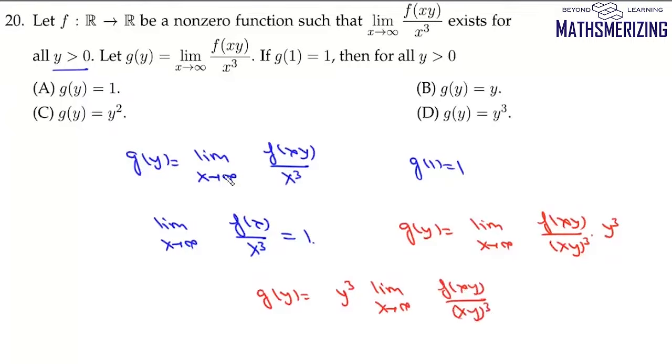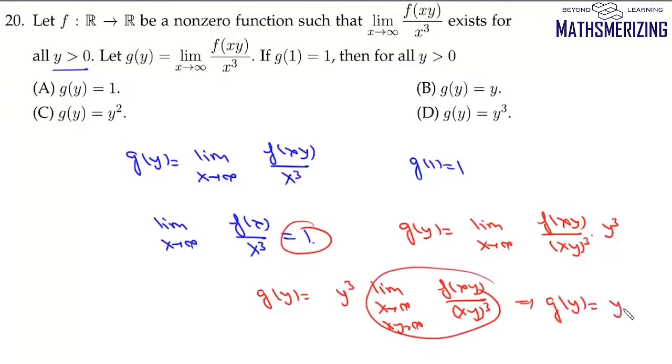Now when x tends to infinity, xy also tends to infinity, so this limit, its value is 1. So we can write this function g(y) must be y cube, and that's your option D.